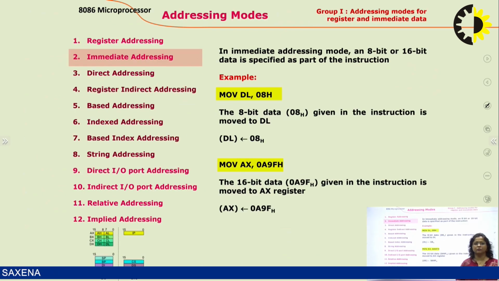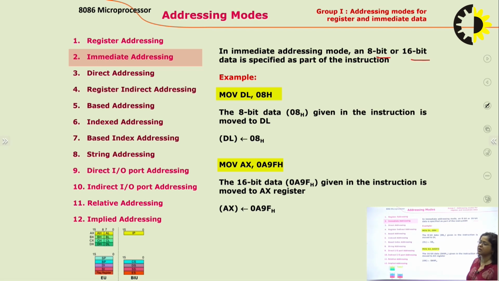Next is immediate mode. In immediate mode, 8-bit or 16-bit data is directly specified in the instruction. For example, MOV DL, 08. Here 08 is the 8-bit data which is directly specified in the instruction and this instruction copies 08 to the DL register. Another example, MOV AX, 0A9F.